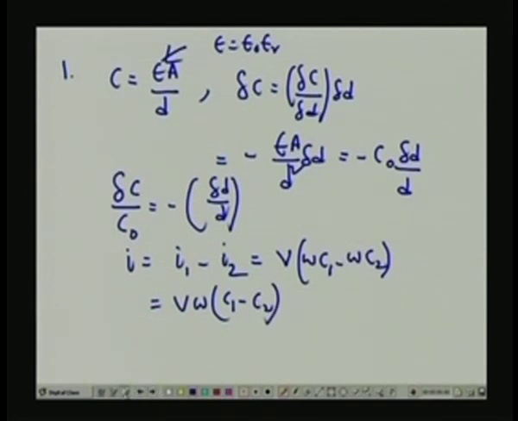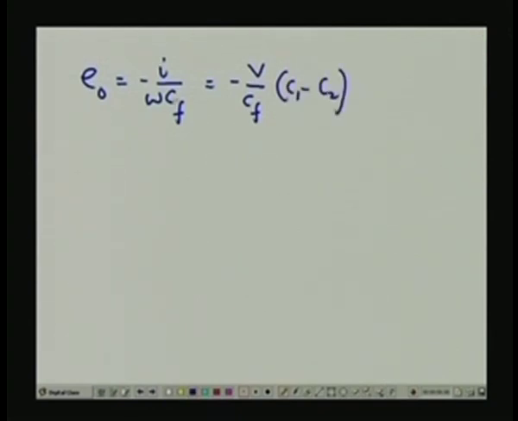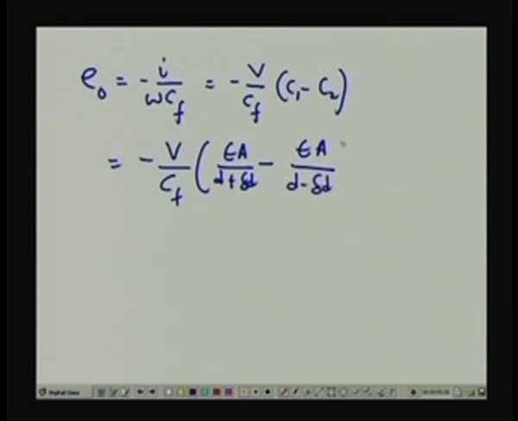See, if I take a new page, the output voltage E naught equals minus I upon omega Cf, equal to minus V by Cf into C1 minus C2, equal to minus V by Cf into epsilon A upon D plus delta D minus epsilon A by D minus delta D.